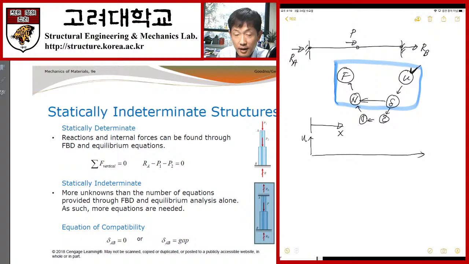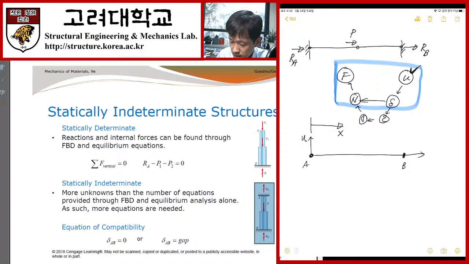Please make sure that point A is a displacement boundary condition. At this point, my displacement should be equal to 0. And how about point B? At point B the displacement should also be equal to 0.